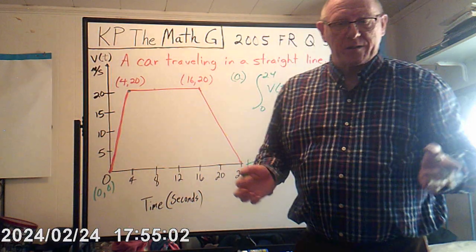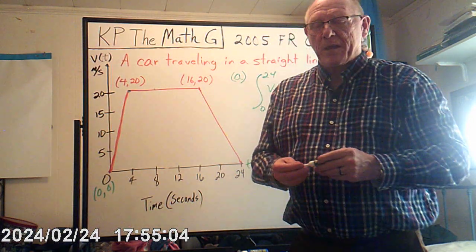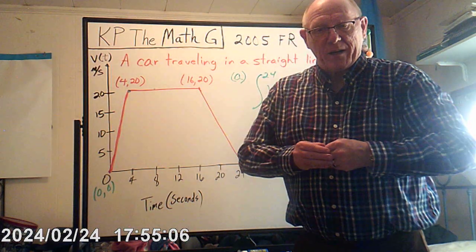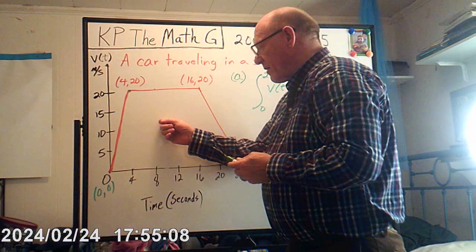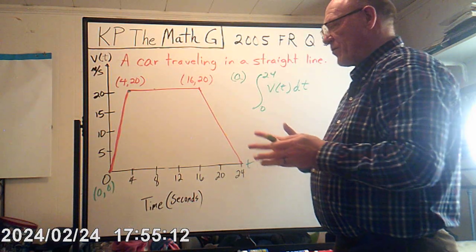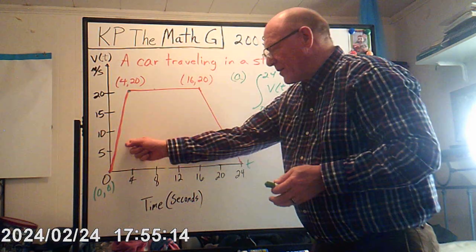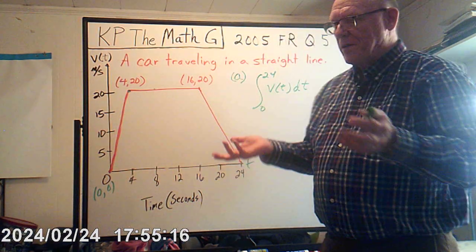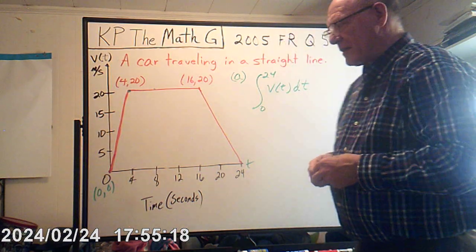We know the areas of triangles are base times height divided by 2. The area of a rectangle is base times height. So that would probably be easier for you. Then you could sum up all three of these and you could have your total distance.